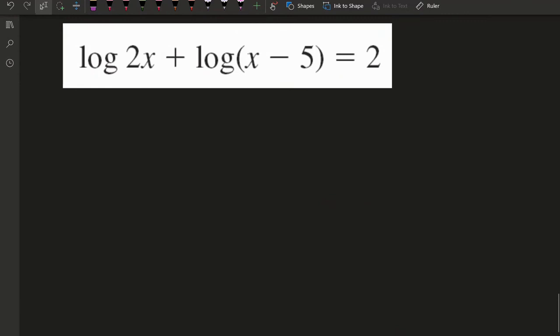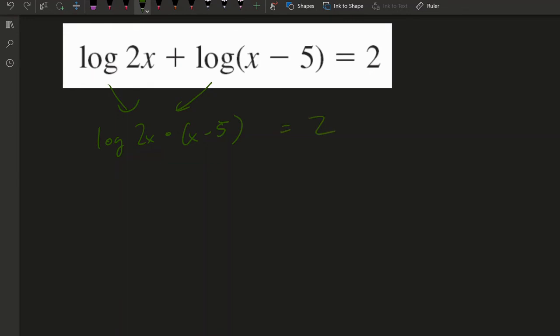Okay, so this one gets a little bit more interesting. I've got two common logs being added together. And hopefully you remember from last lesson that this is the product rule. Log 2x plus log x minus 5, I can condense these two into log of 2x times x minus 5 equals 2.